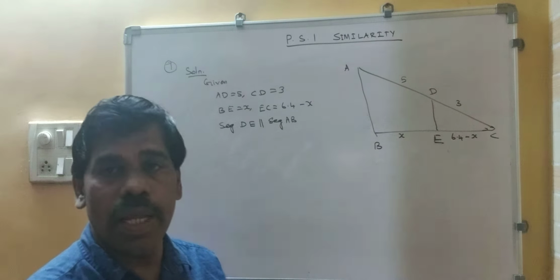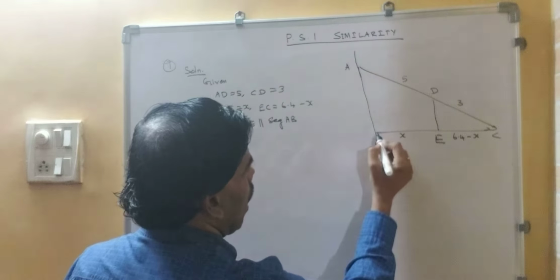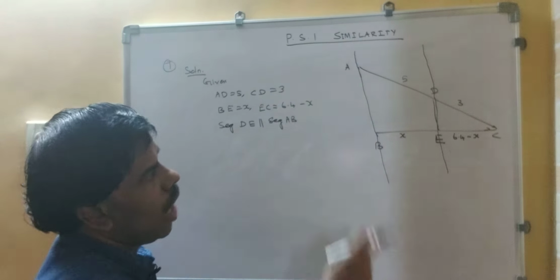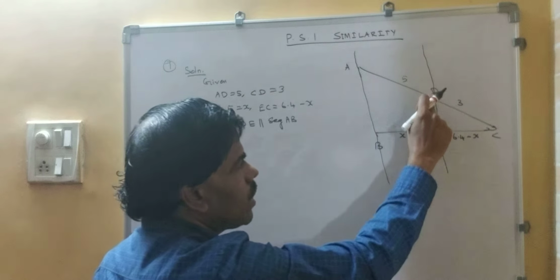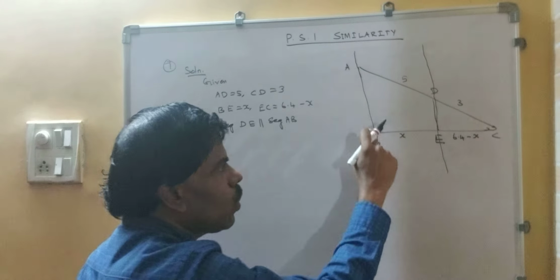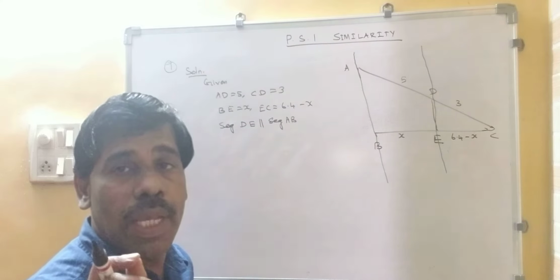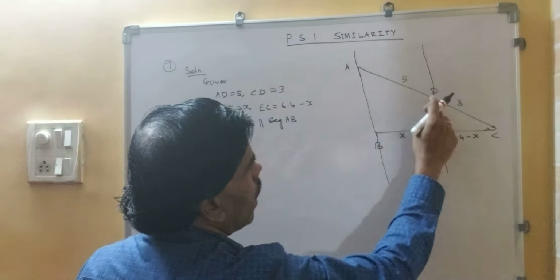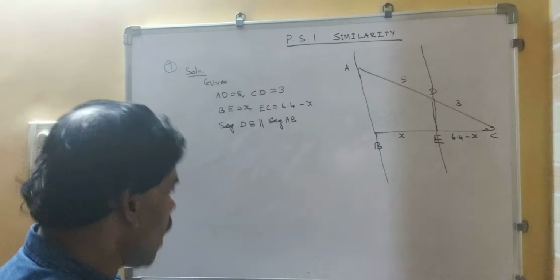Now listen very carefully. These two are parallel. Now in this triangle, this is the base, this is the side parallel to one side of the triangle. Therefore, by basic proportionality theorem, we will get CD upon DA equal to CE upon EB, right?